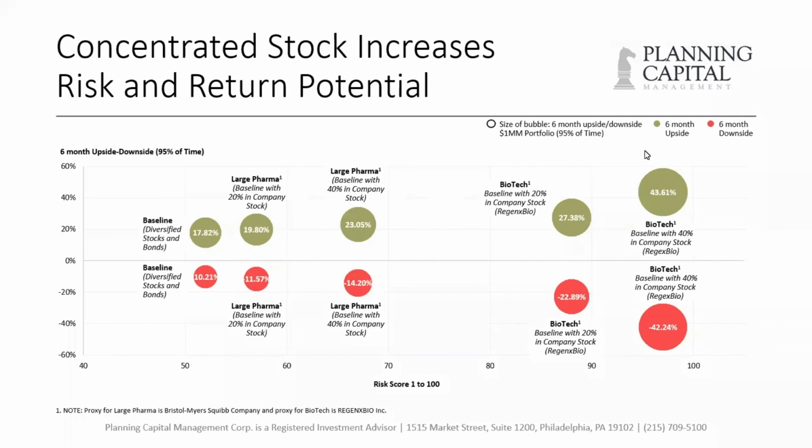And on the right-hand side of the screen, we've done the exact same thing with a biotech firm. The point of this chart is that concentration in company stock can significantly increase the potential for gains and losses. In this example, we can see that the downside ranges from a 10% loss on the baseline all the way up to 42%.